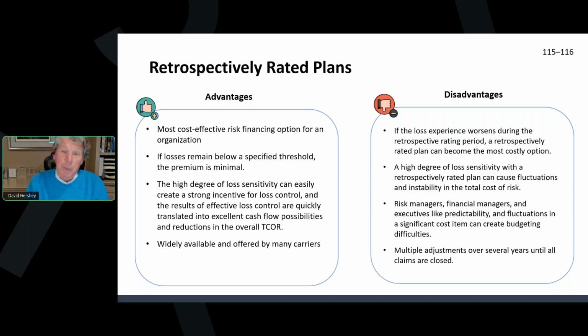If you have a loss pick of half of what the estimate is, this would be your indicated premium. If you have an actual loss of 2 or 3 times the loss pick, this would be your indicated premium. Illustrate to the insured that it's not going to be $1,000 more. It's going to be a lot more. That would be my thought on that.